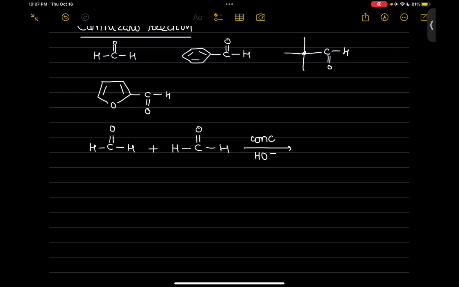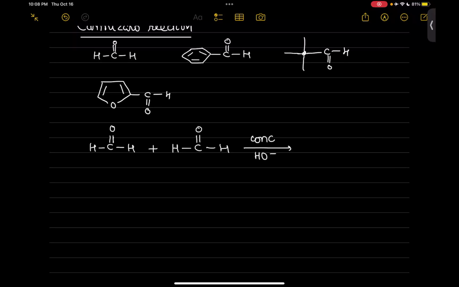But in the Cannizzaro reaction, how to write the product? Can any one of you tell me if you have studied? Though I will tell you. Yeah, any one of you can try. Jaslene, Marwa, Aisha. How to write the product in the Cannizzaro reaction?